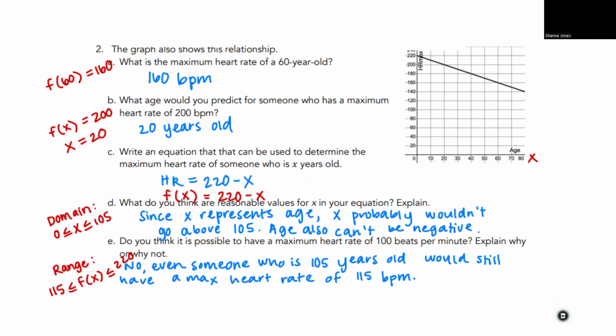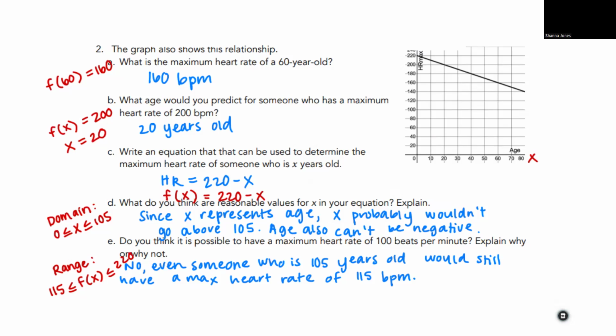Still doing good? All right. Now describing your domain. What would be an appropriate value for our domain? Based on what we have here, our domain is going from 0 to 105, right? Is that appropriate? Is that an age value? In general, no one's going to go past 105, okay?